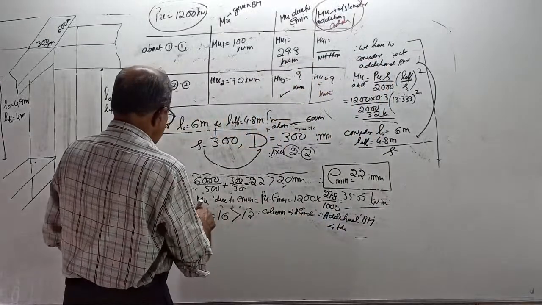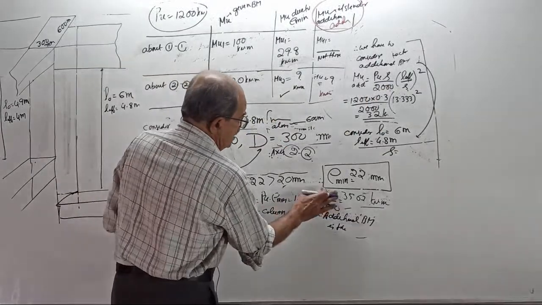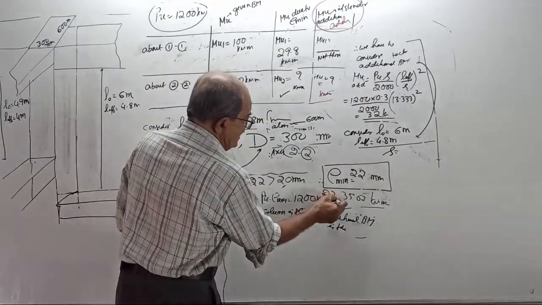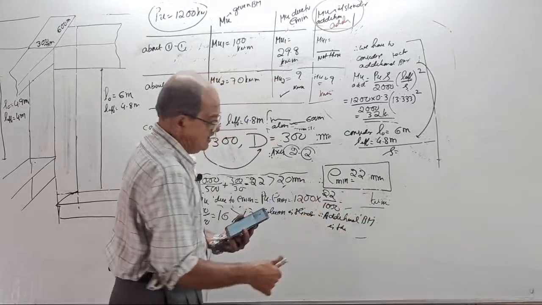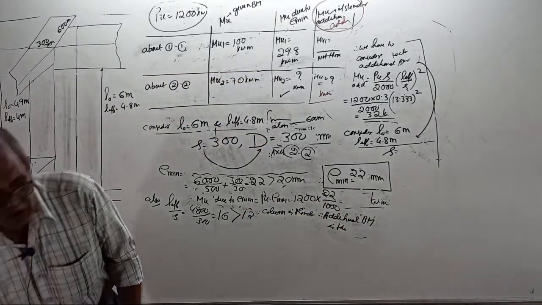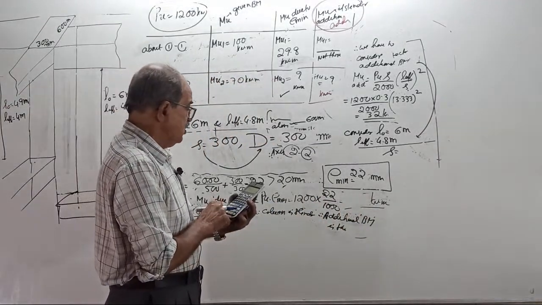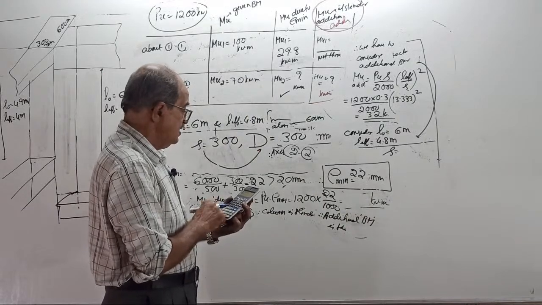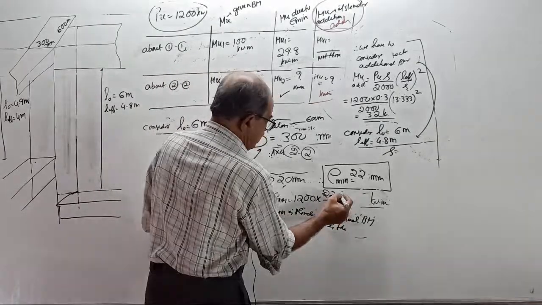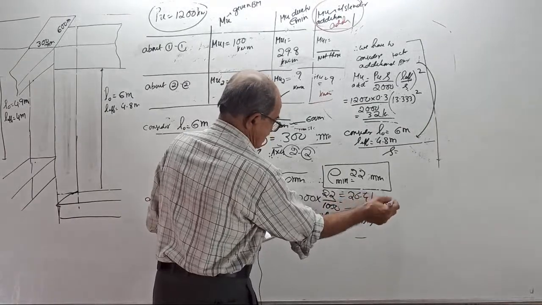Therefore, Mu due to E minimum equals 1200 into 22 by 1000, which is 26.4 kN-mm.